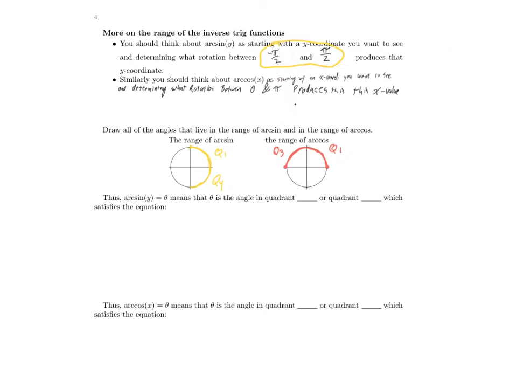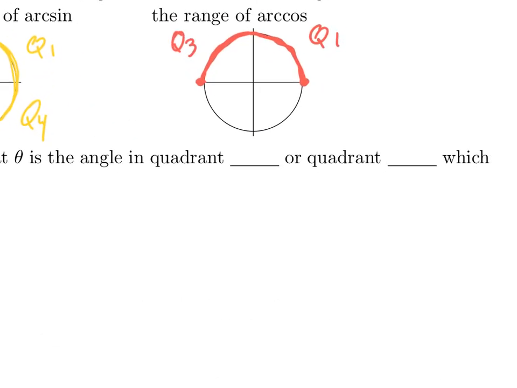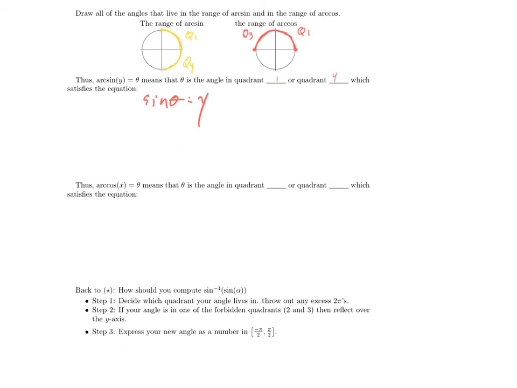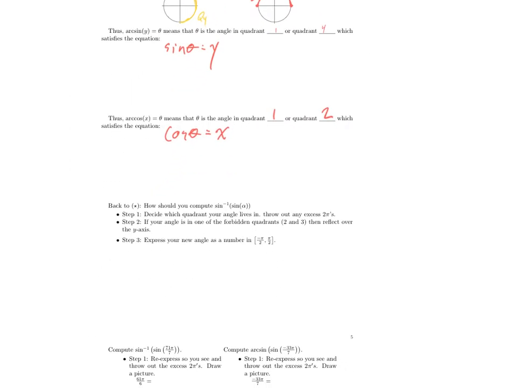So, summarizing, saying arcsine of y equals theta means that theta is an angle in either quadrant 1 or quadrant 4 which satisfies the equation sine theta equals y. If someone says arc cosine of x is equal to theta, then they're looking for an angle in either quadrant 1 or quadrant 2 which satisfies the equation cosine of theta equals x.